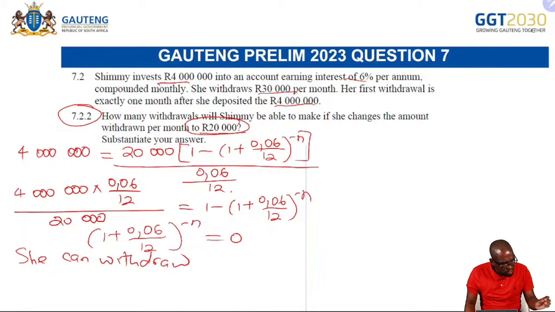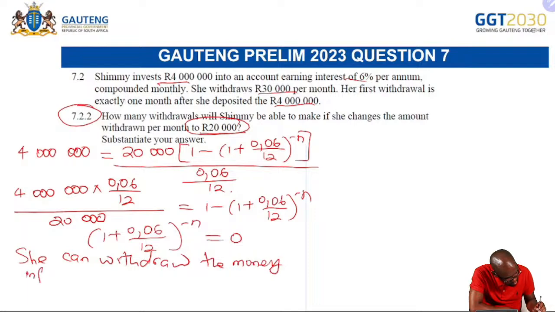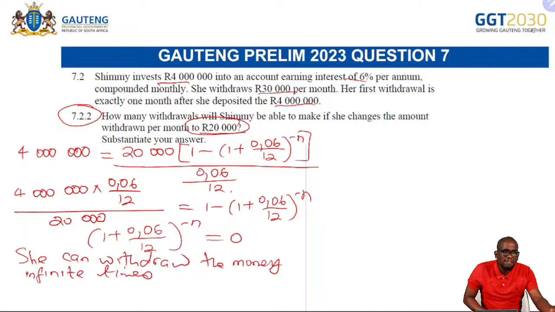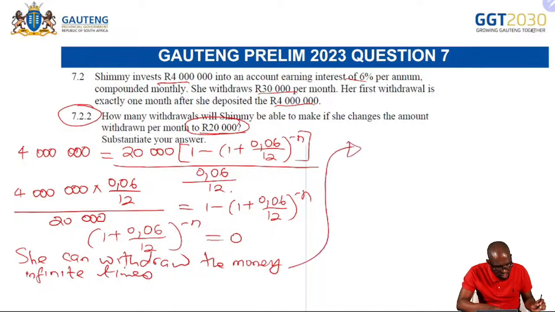She can withdraw the money infinite times. She will never run out of the money. It's like we are saying she can make any number of withdrawals. Why is that?